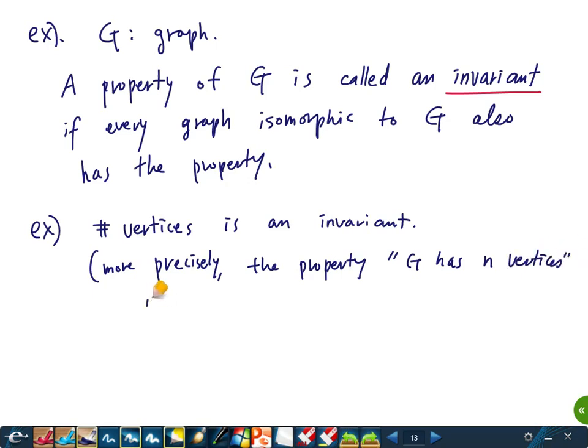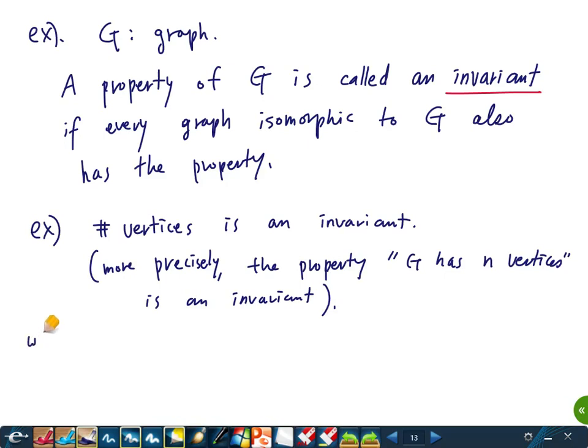This property is an invariant because, in the definition, if some graph has this property and another graph is isomorphic to it, this one must have the same property, right?